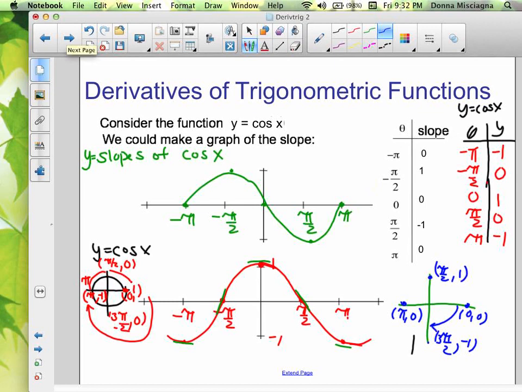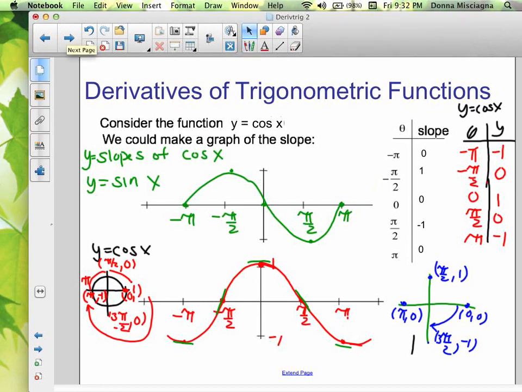Gee, what function was that the points to? Well, I think that y equals the slopes of cosine x looks a whole lot like y equals sine x, doesn't it? Sine x starts at 0, and then it goes to, oh, but wait a minute. It doesn't go to negative 1.